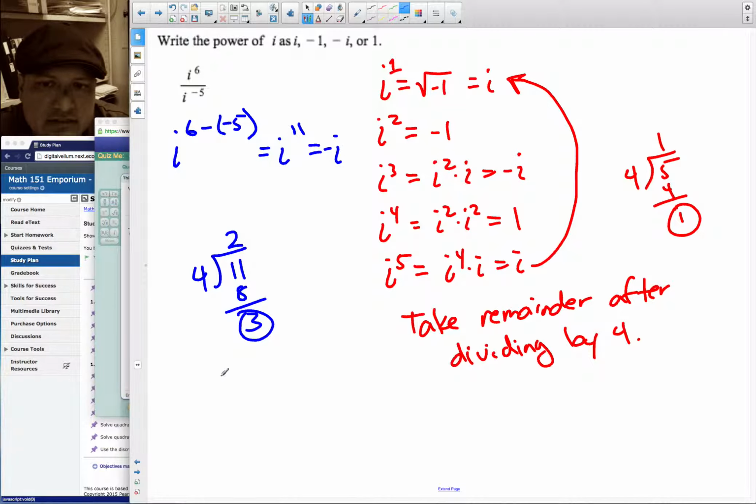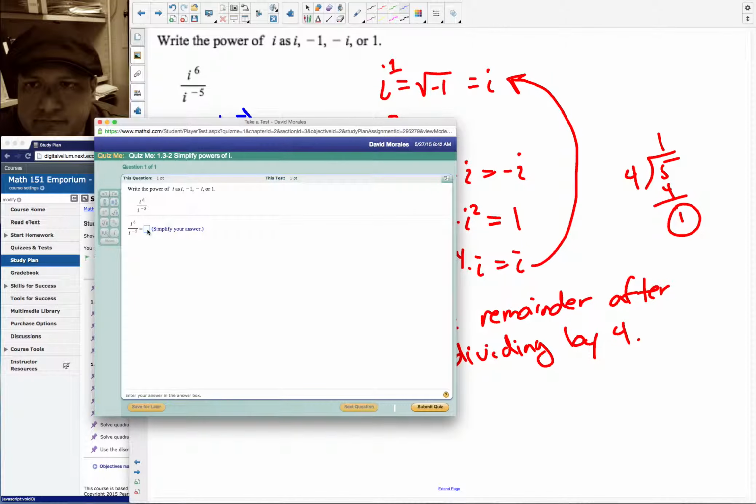Because i to the 11th is i to the 4th times i to the 4th times i cubed. 4 plus 4 is 8 plus 3 is 11. This is 1, 1, and we're just left with i to the 3, so this is negative i. And be sure you use their i.